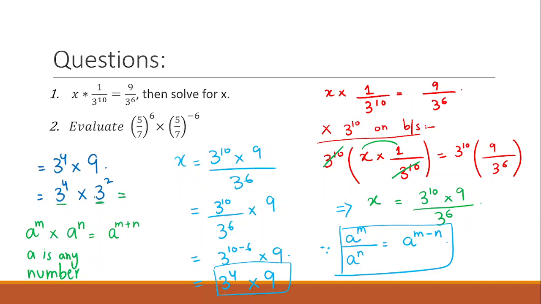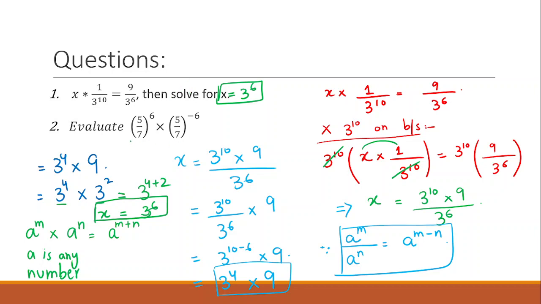Now you can write 3 to the power 4 plus 2, which becomes 3 to the power 6. So x will be 3 to the power 6. That is your final answer: x equals 3 to the power 6.